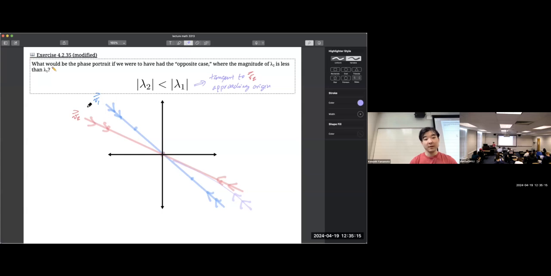This one is going to be tangent to the blue. So it's parallel to the blue out here and then becomes tangent to the red. In these regions right here, I'm going to be tangent to the red as I leave and then become parallel to the blue. Okay. So that's the solution phase portrait for this case.